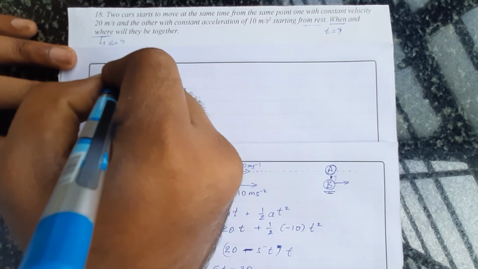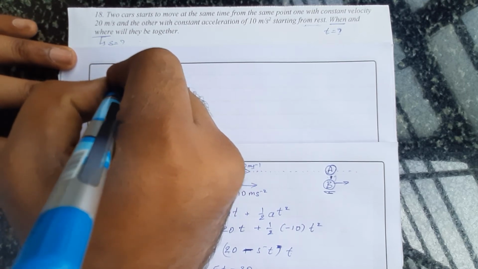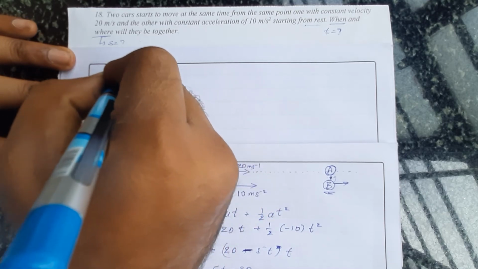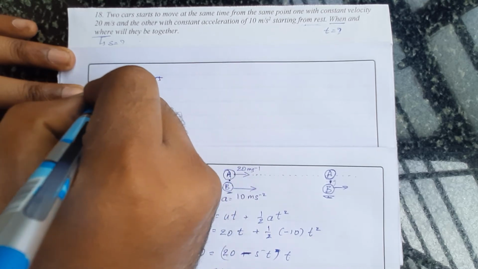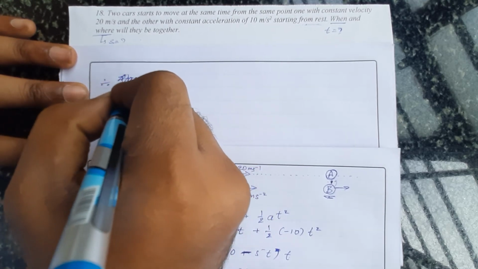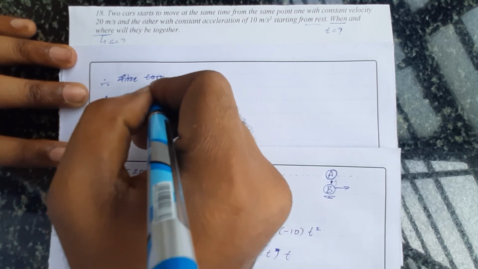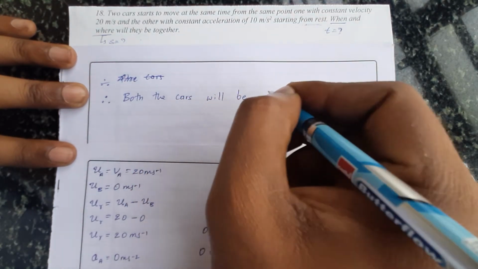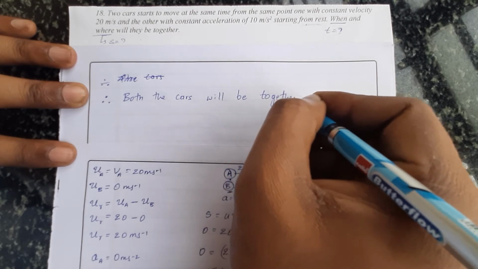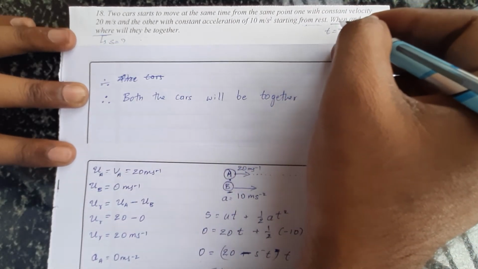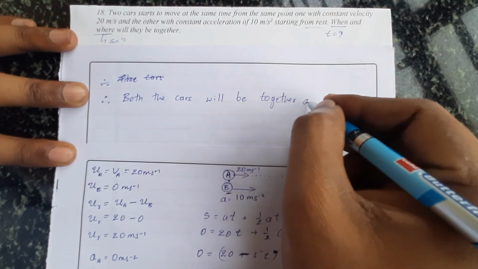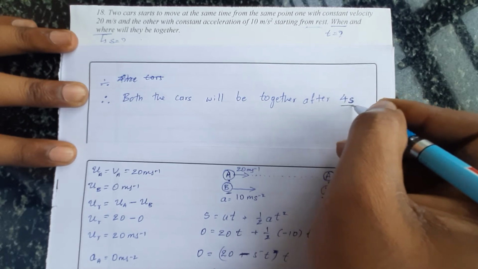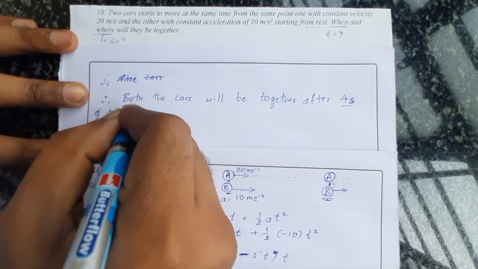Therefore, both the cars will be together. First is the answer for when: together after 4 seconds of the motion.